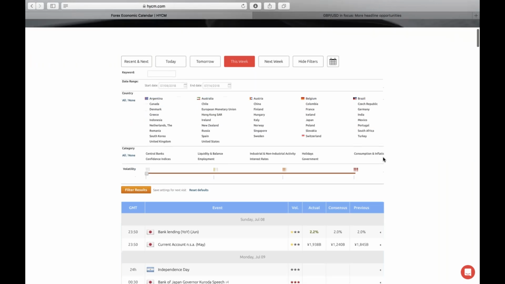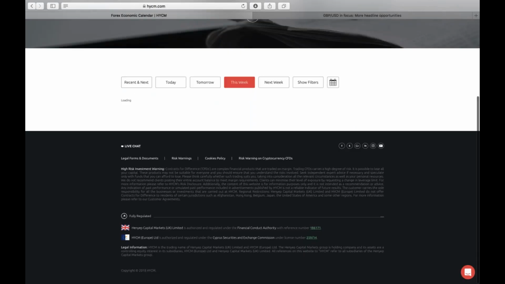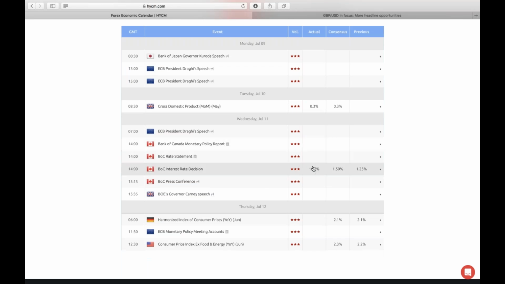I'm not sure if it's letting me. I'll put the filter on some of the key data anyway. If we look, here's the rate statement today. You can see that the Bank of Canada has increased the interest rates.